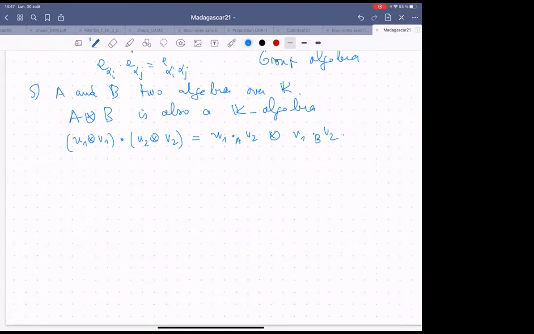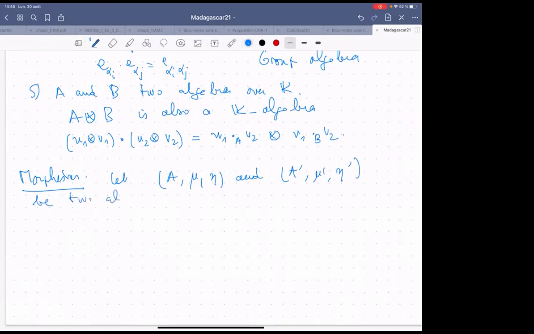Now we want to say that we have morphisms. If we have two algebras, let us use now the Hopf algebra notation, (A, mu, eta) and (A', mu', eta') two algebras, then I would like to show that using this morphism, the class of all algebras forms a category.